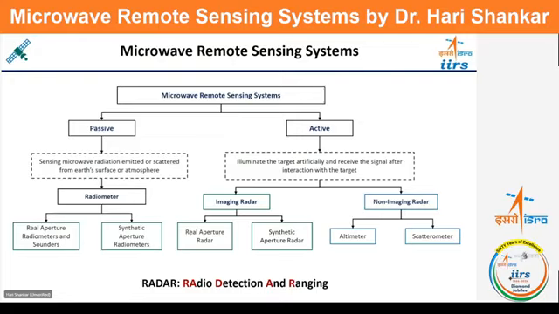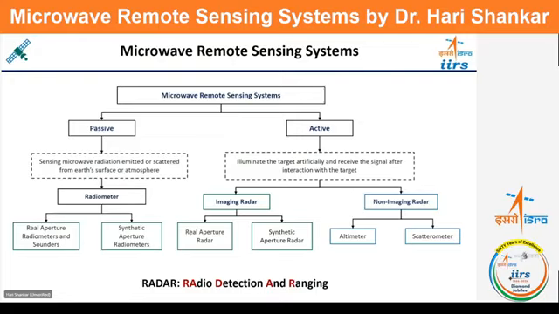Then again, these radars are of two types. One is imaging radar, another is non-imaging radar. Non-imaging radar means they are not forming images. They are just giving attribute information, or you can say the signal goes to a particular target, and whatever backscatter energy there is, they store in files, or the satellite data, but they are not forming images.